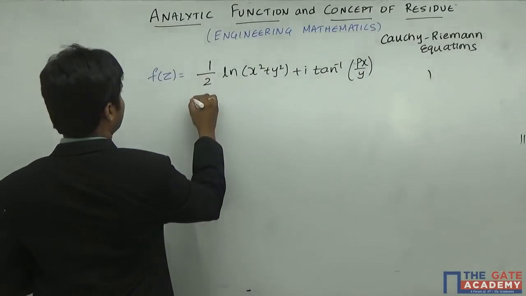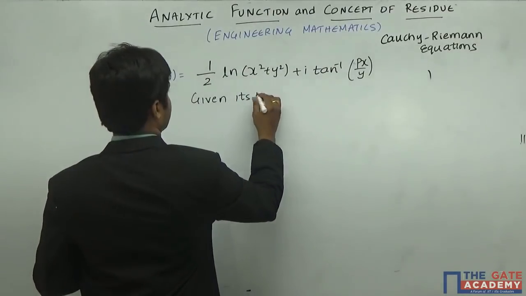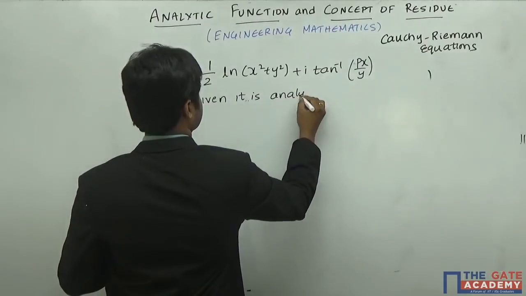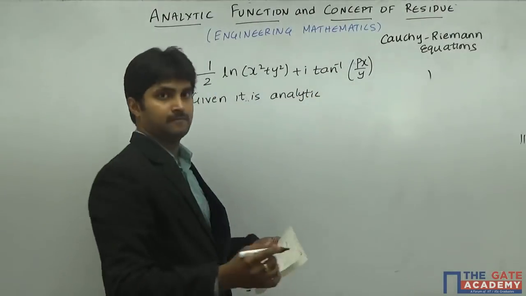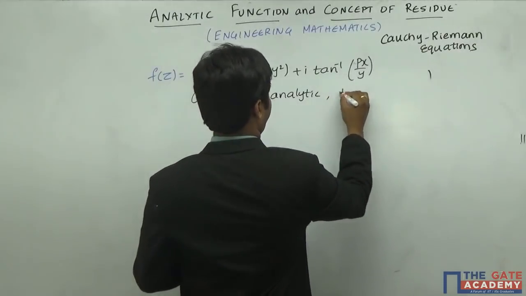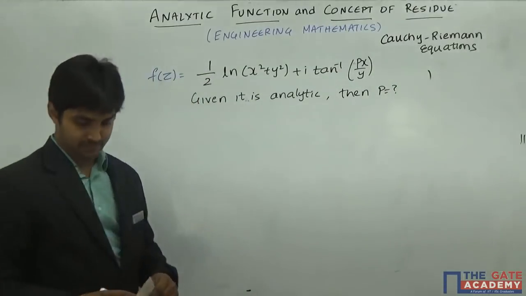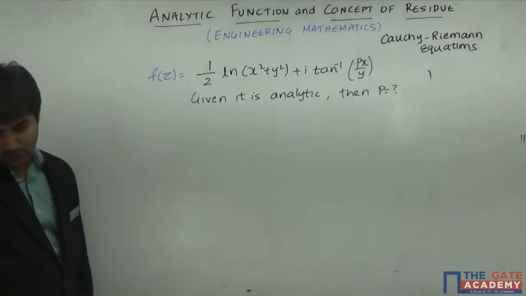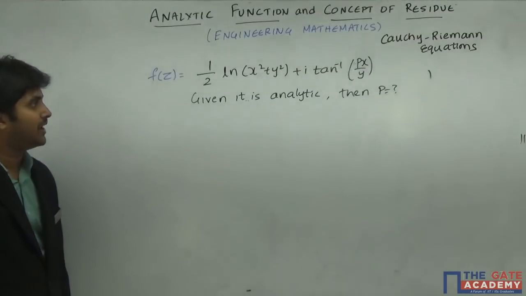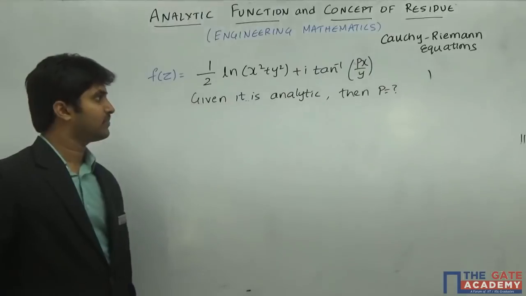Given the function is analytic, find the value of p. So f of z is equal to 1 by 2 ln of x square plus y square plus i tan inverse of px by y. Given the function is analytic, what is the value of p?